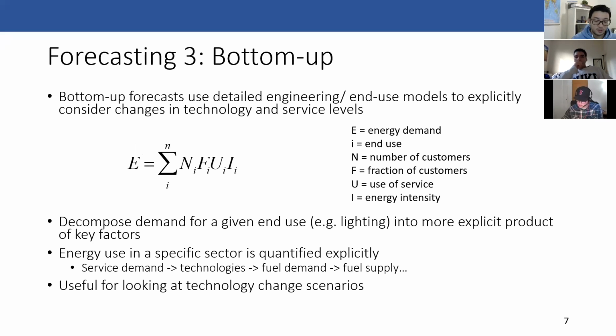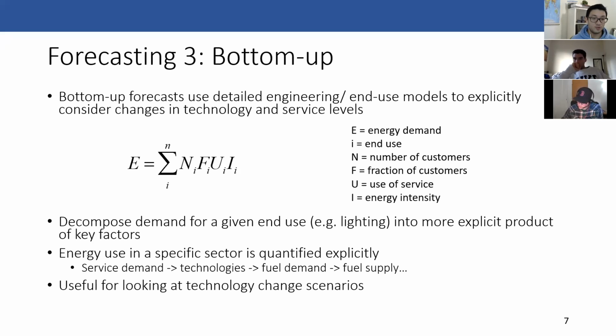If I were to increase the number of people using electric vehicles, then you could change your fraction of customers using that technology. If I wanted to improve the fuel efficiency of a vehicle, then I could affect the energy intensity, which is equivalent to the efficiency.